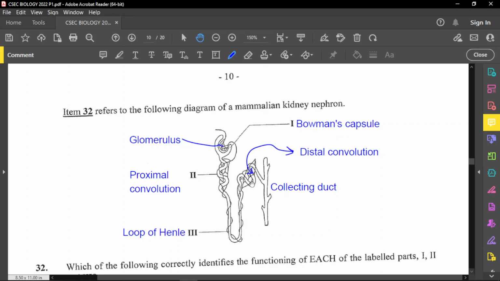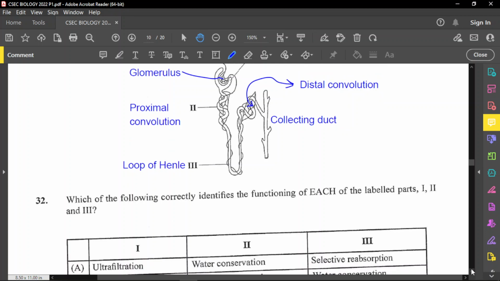So you know that distal means distance, proximal is in close proximity to the Bowman capsule. Loop of Henle, collecting duct. All right, and so a question reads here, which of the following correctly identifies the functioning of each of the labeled parts, 1, 2, and 3?